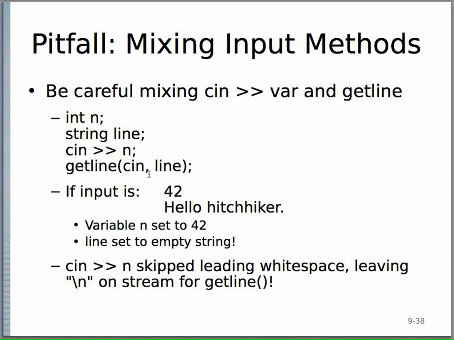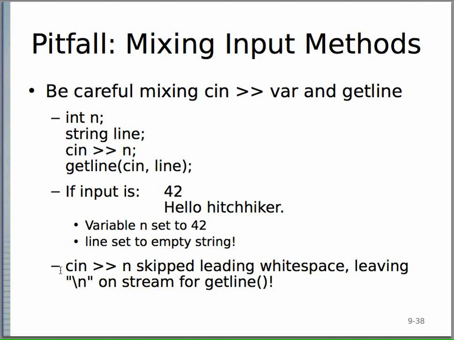So take a look at this. In this case, they're reading in an int, and if the user enters 42, hits return, and then types in some new line, which is what I was going to do, you run into the same problem. The 42 goes into n, and it stops at the newline character. Then when you do a getline, only the newline goes into line.